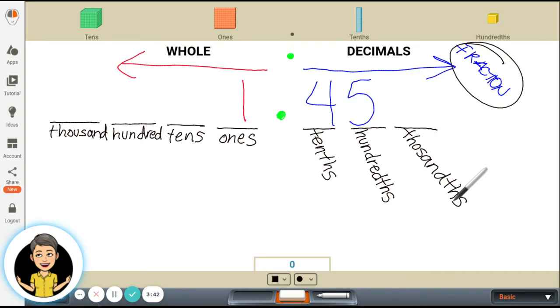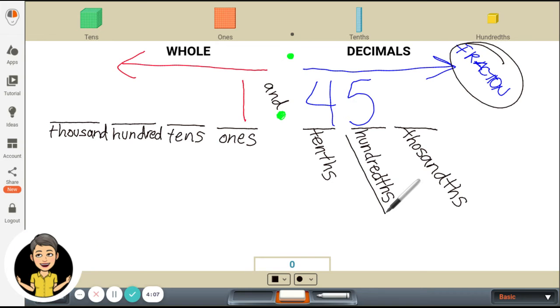So whenever you are reading a number that includes whole numbers and decimals, the way you're going to read this number is as follows. Here we have 1 and 45 hundredths.